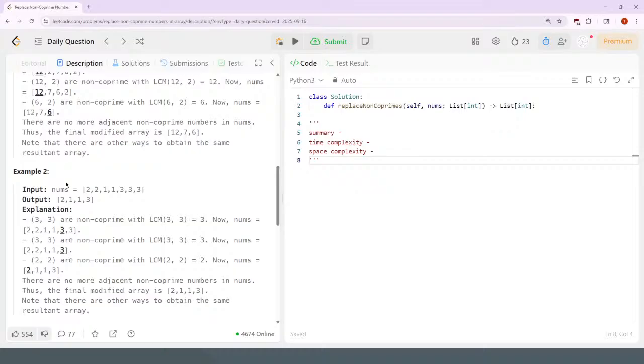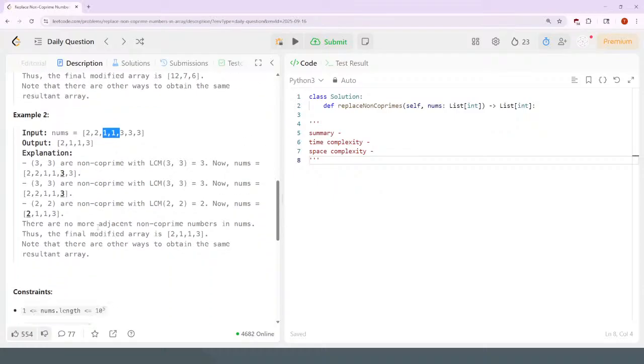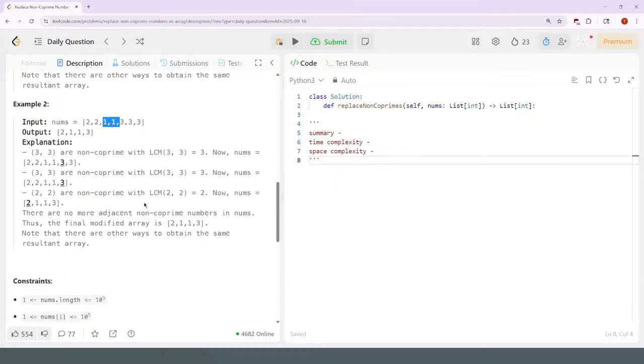So if there are any ones, they will be ones in the resultant array in the same ordering, but not necessarily the same spot.